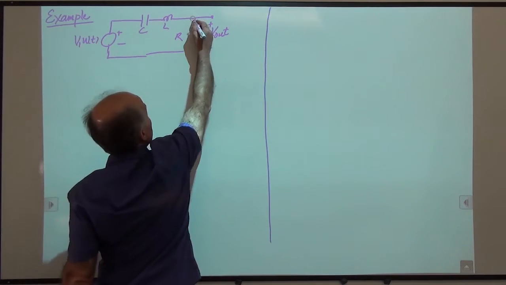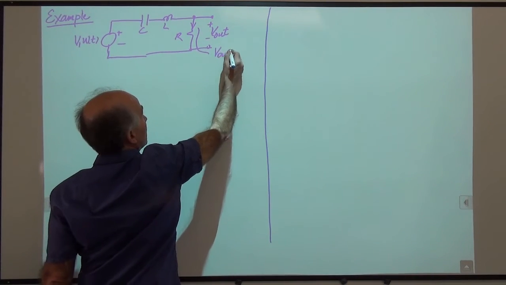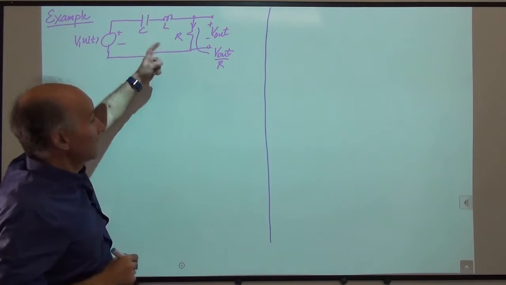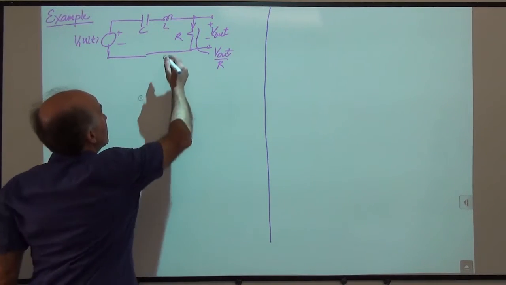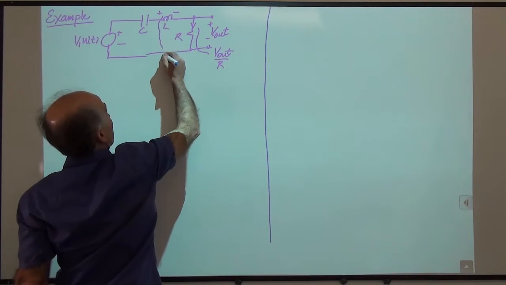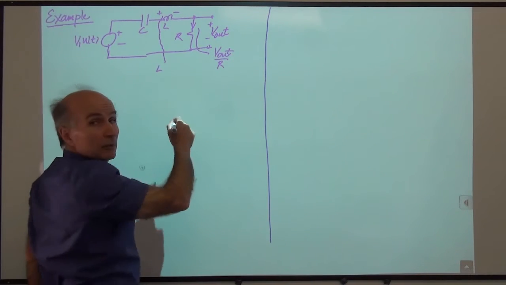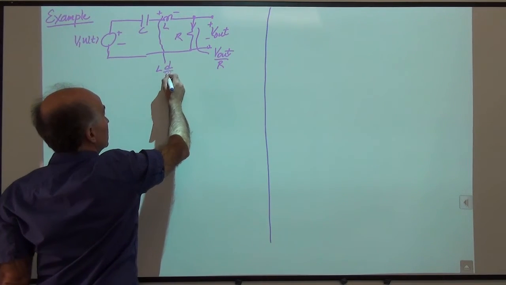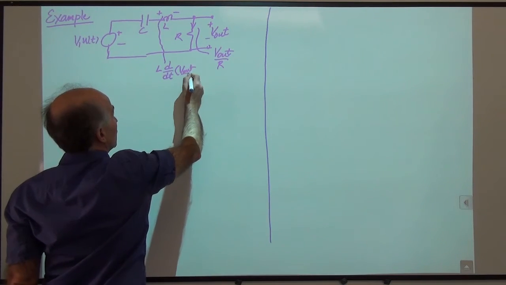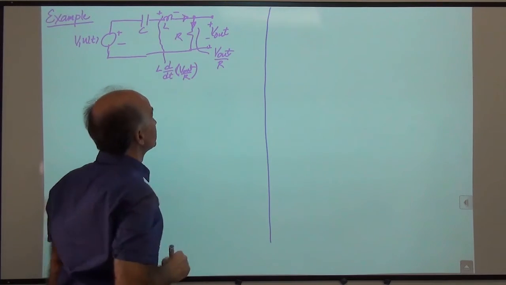All right, so what we know is that the current through this resistor is V out over R. This current flows through the inductor and gives us a voltage. So we have a voltage here, and that voltage is given by L di over dt, so L d over dt of V out over R. And this current, whatever it is, also flows this way.